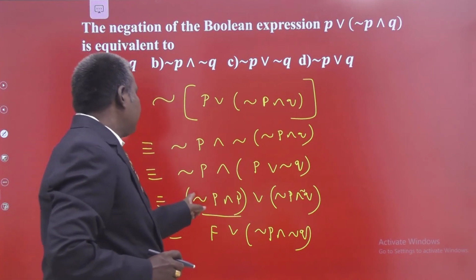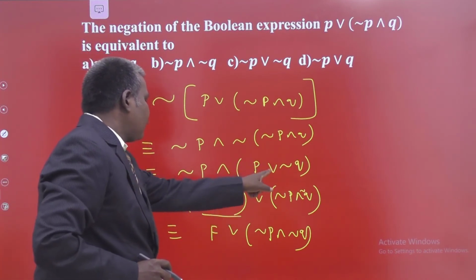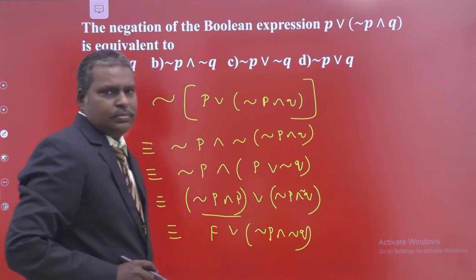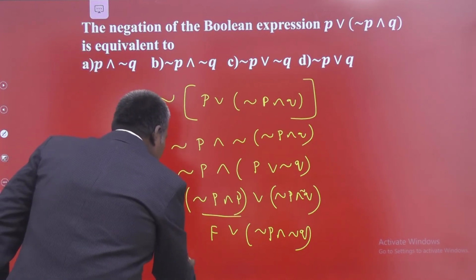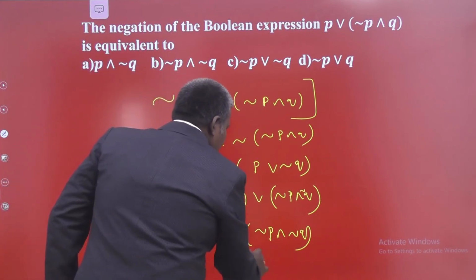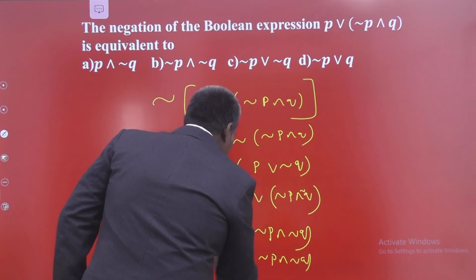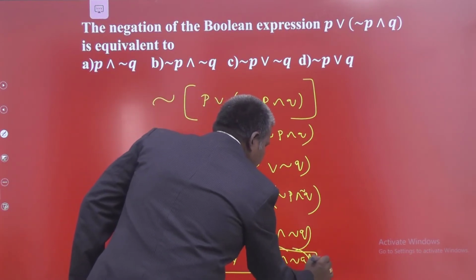Let us see once again. Negation of P and P, okay, or will be outside. Negation of P and negation of Q, which is equivalent to F or the statement, F or negation of P and negation of Q. I just write this one once again. This is some statement.